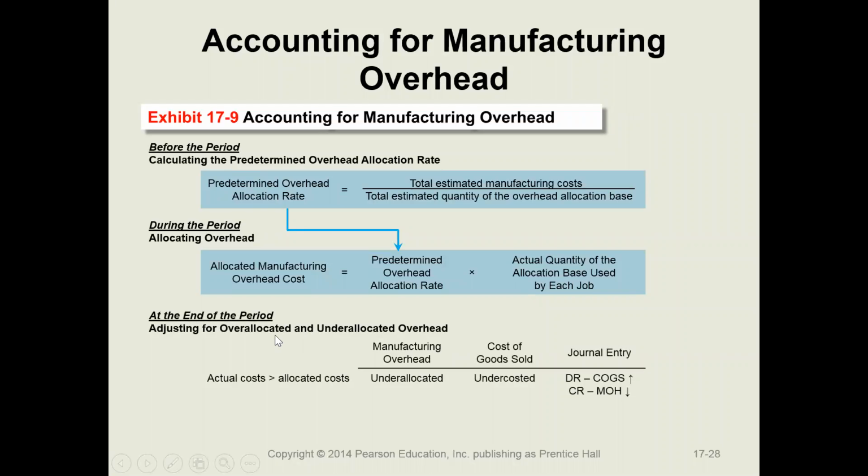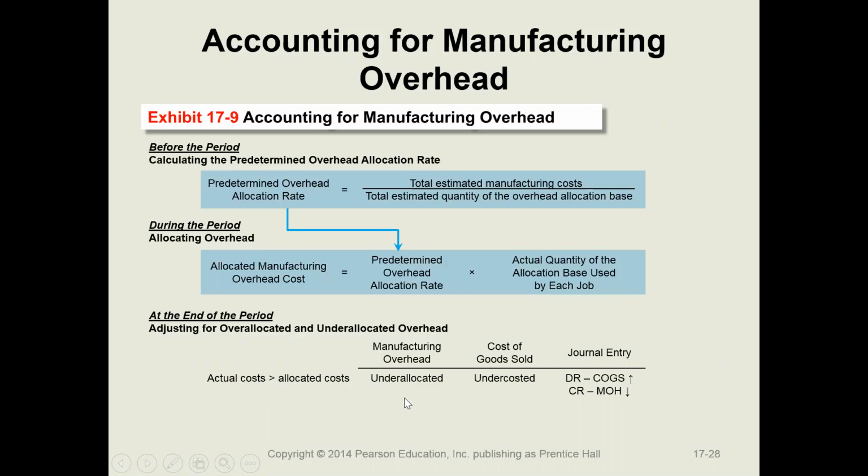So at the end of the period, if the actual costs were more than the estimated amount, so this allocation here based on the predetermined overhead rate, so if the actual cost turned out to be more than the amount of overhead we allocated or charged to the job, then we call that under-allocated manufacturing overhead.